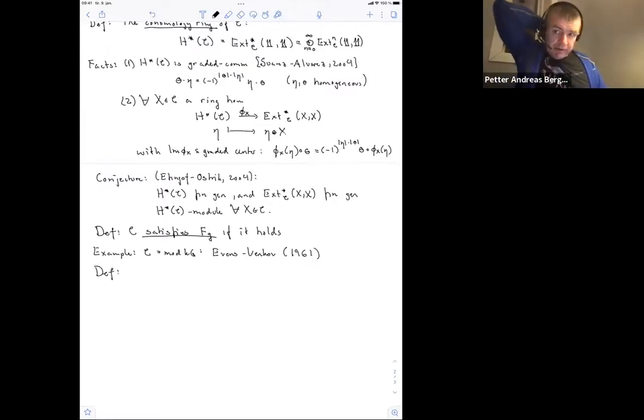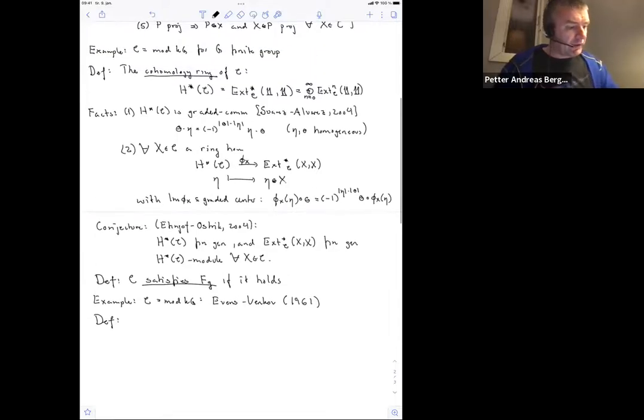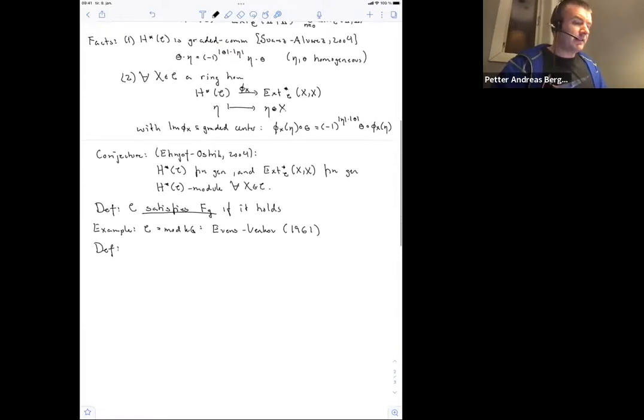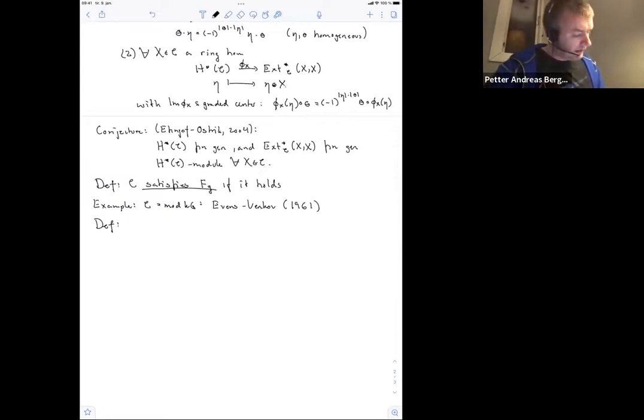So we'll do support varieties now, where we use the maximal ideal spectrum of the cohomology ring, but let's modify the cohomology ring because, well, it's graded commutative. So since we have graded commutativity, if you take a homogeneous element in odd degrees, then if the characteristic of the field is not 2, it squares to 0. And let's sort of get rid of these elements that we don't need.